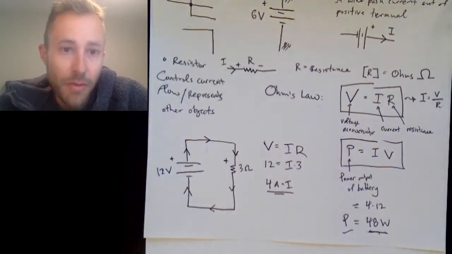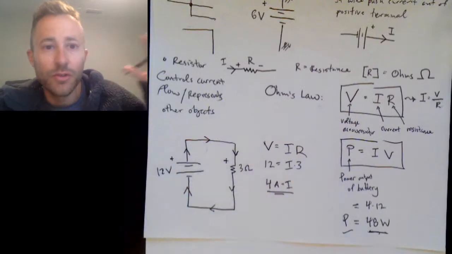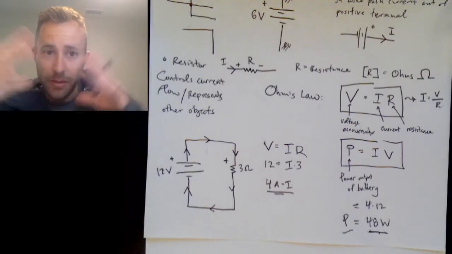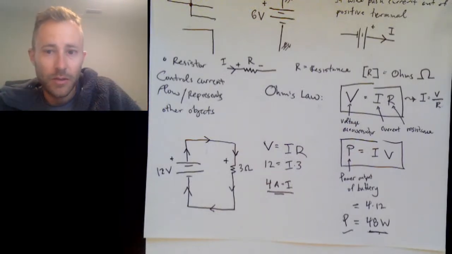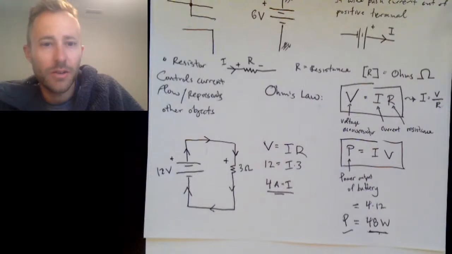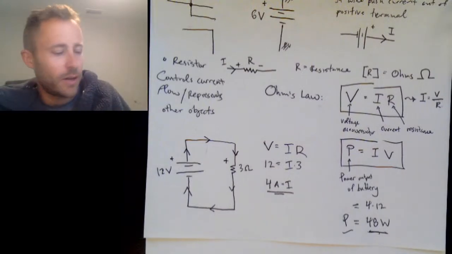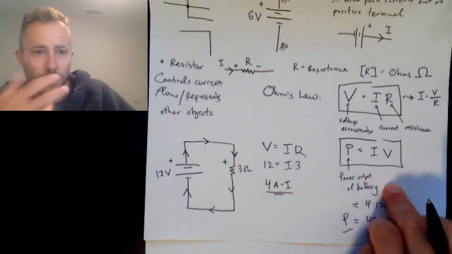And then the resistor is consuming 48 joules of energy per second and doing something with that energy. So it's either heating up its environment, it's lifting something, it's accelerating something, it's making light, it's doing something with that energy that's useful for humans.